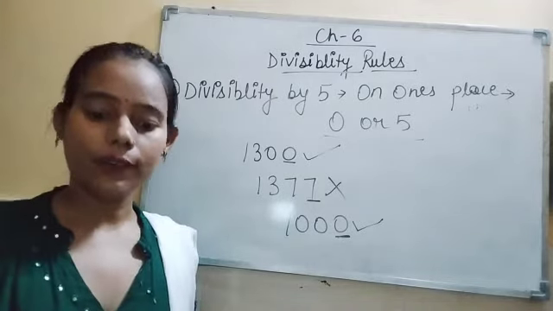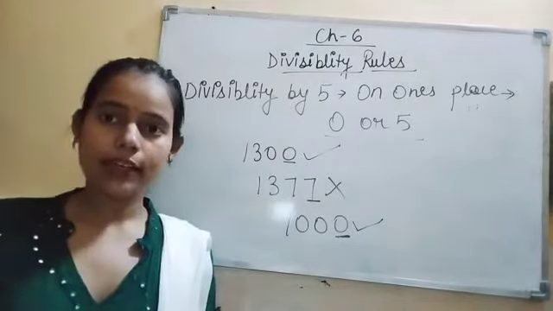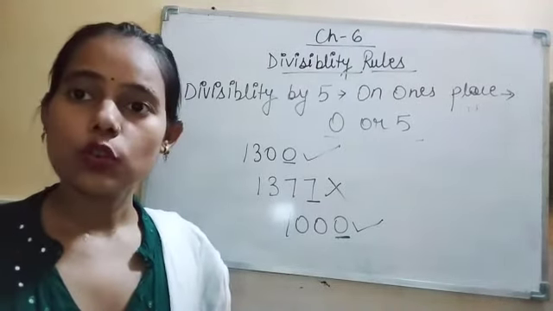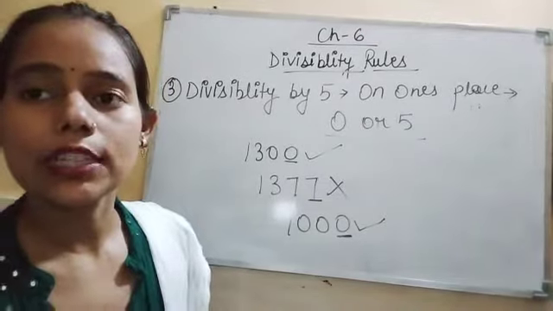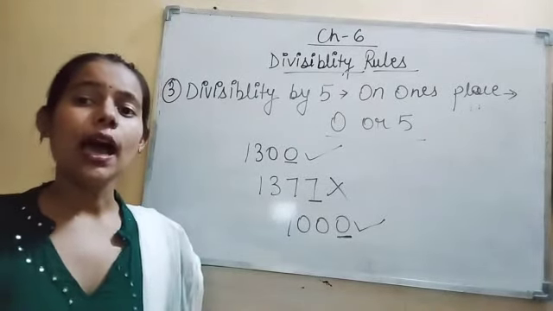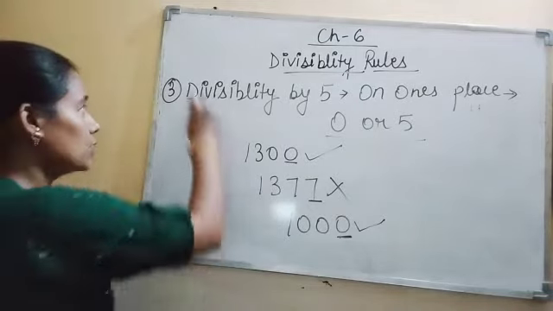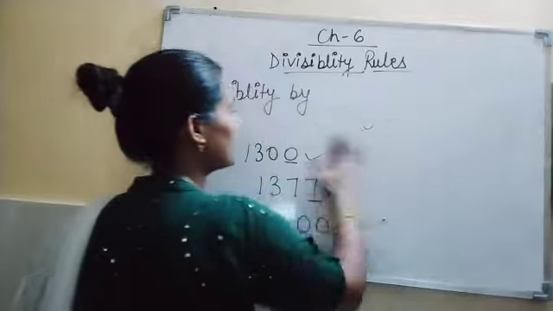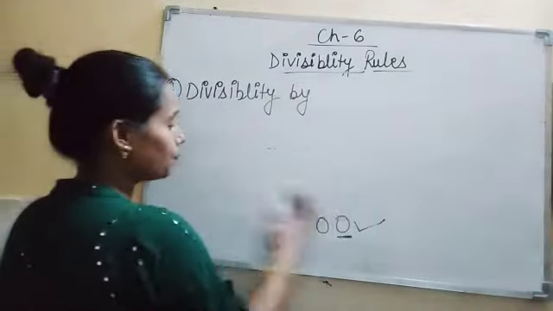divisible by 5. So class, our next rule is given there, divisibility by 6. So class, for the divisibility by 6, we have already learned the divisibility rules related to 3 and 2. So class, the divisibility of 6 is related to the divisibility of 2 and 3.